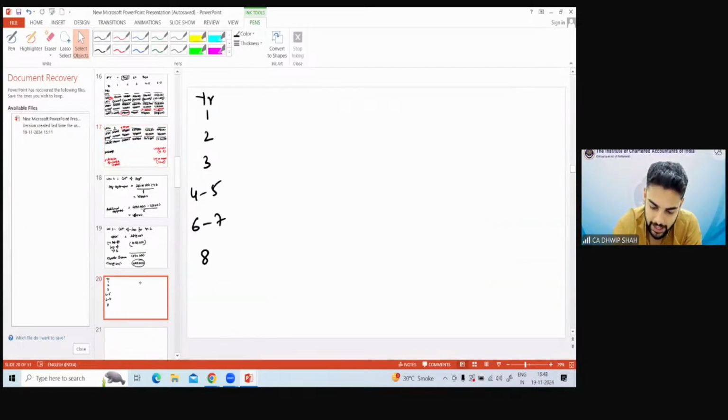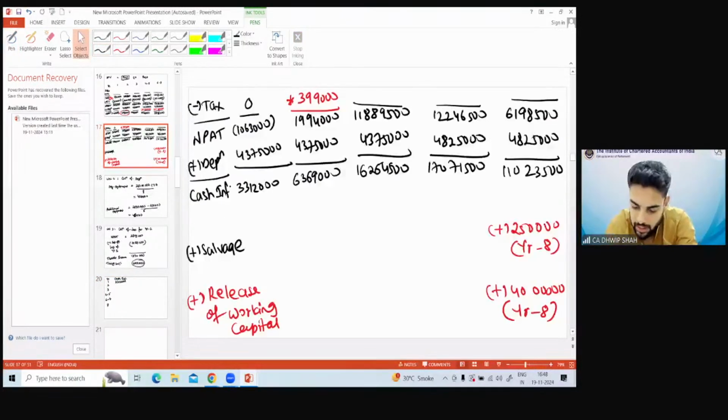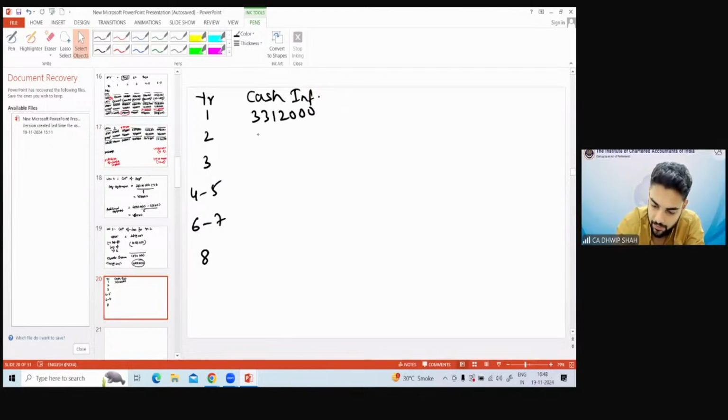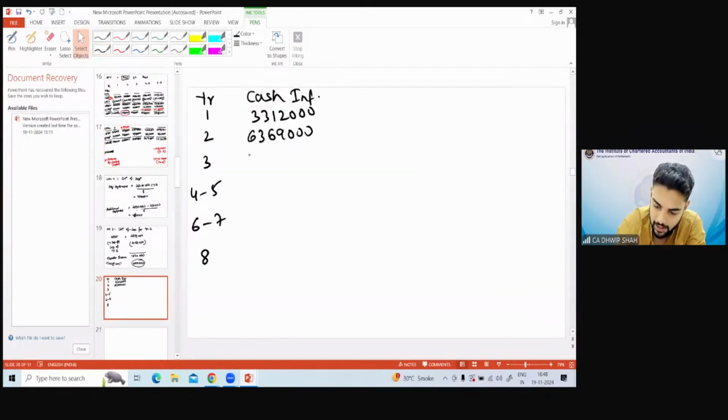So year 1 cash inflow is 33,12,000. For year 2 it is 6369. For year 3 it is 162,64,500, and the same for year 4th and 5th.